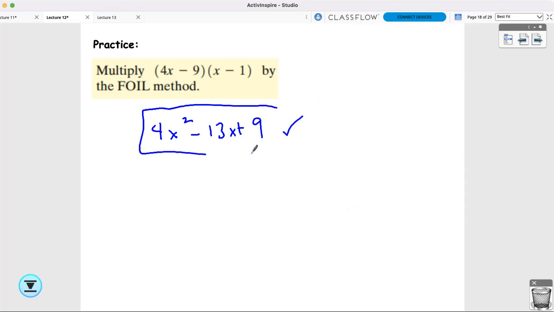Anyone have any questions on how to get this answer, guys? On any of the steps?